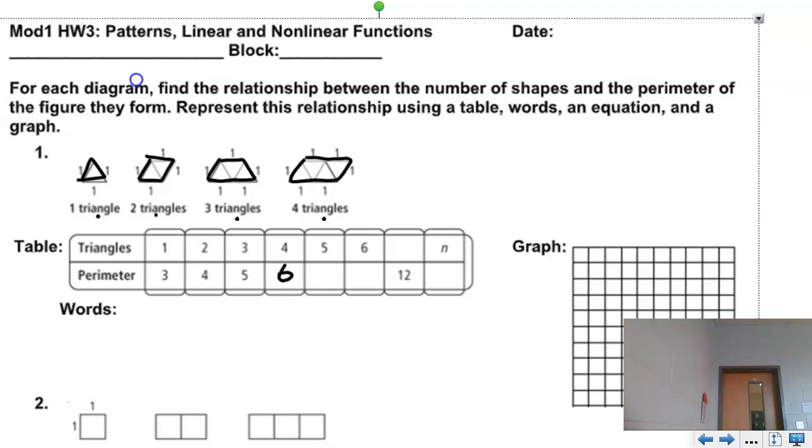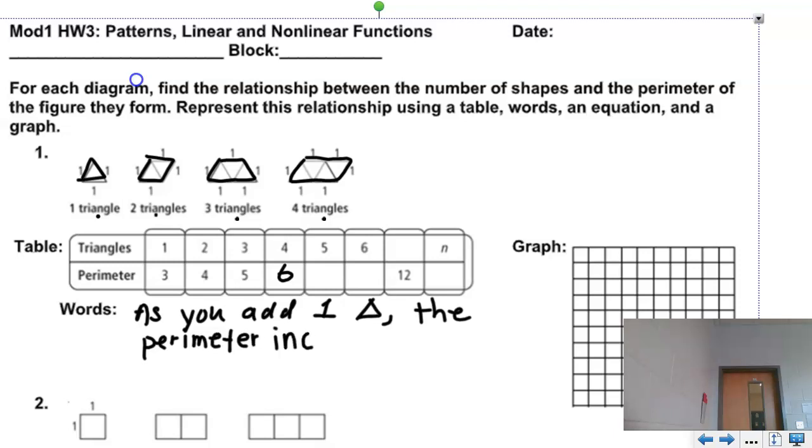So we can kind of notice the pattern in words: as you add one triangle, the perimeter increases by 1.